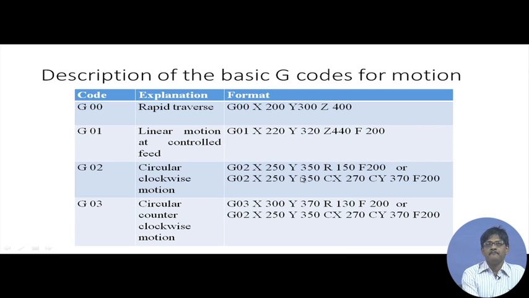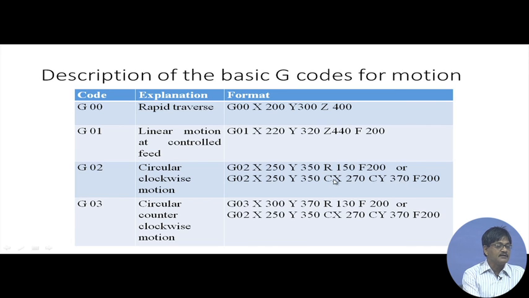Okay. Now, coming back to this one, to other formats which are allowed. This one says G02 x y of the target point followed by center coordinates, center coordinate x 270, center coordinate y 370, and feed.